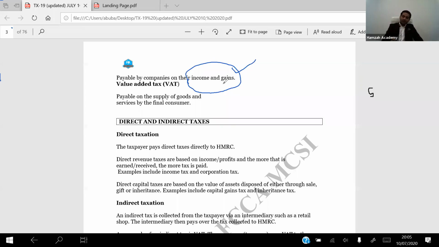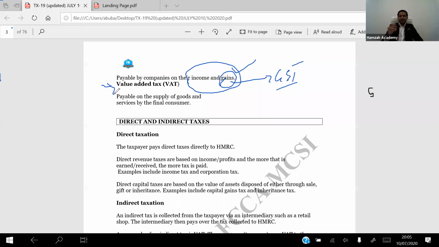Now gain also gives you the hint of capital gains tax, because gains can arise either from routine business operations or by selling anything. So when it comes to companies, we call it corporation tax. And then we have value added tax.